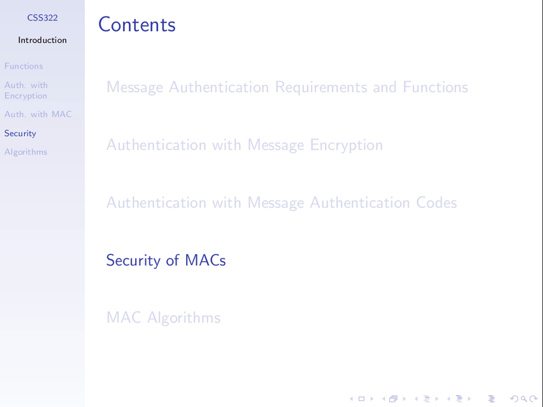We'll look briefly at the security. How do we measure the security of MACs? And then look at a couple of example MAC algorithms. Remember, with our hash algorithms, hash functions, we had three properties: one-way property, weak collision resistance, strong collision resistance. They had some different names as well.